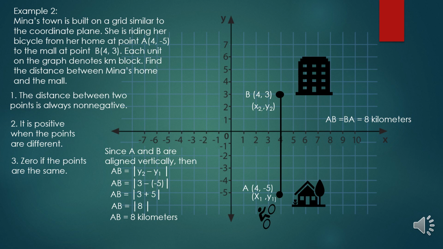So we have the distance from Mina's home to the mall is equal to 8 kilometers. Why is it kilometers? Because in our problem, each unit on the graph denotes a kilometer block. So therefore, the distance from Mina's home to the mall is also equal to the distance from the mall to Mina's home, and that is equal to 8 kilometers.